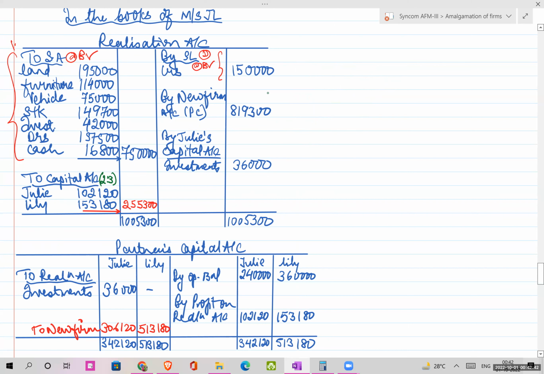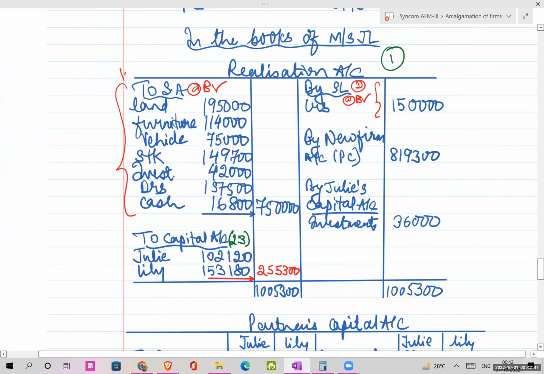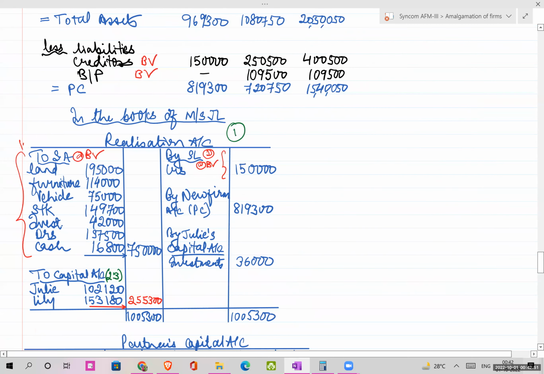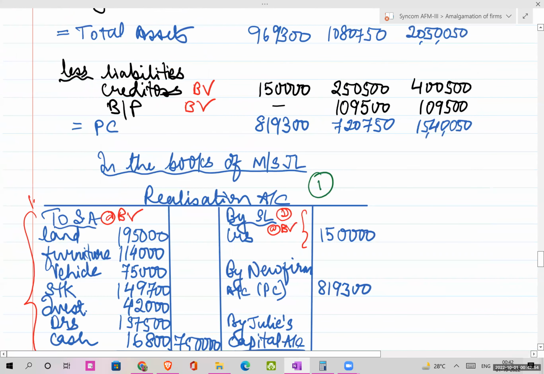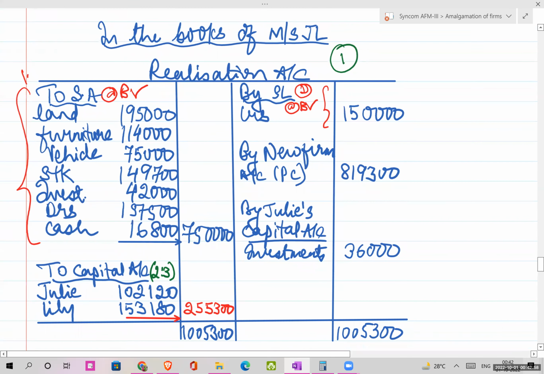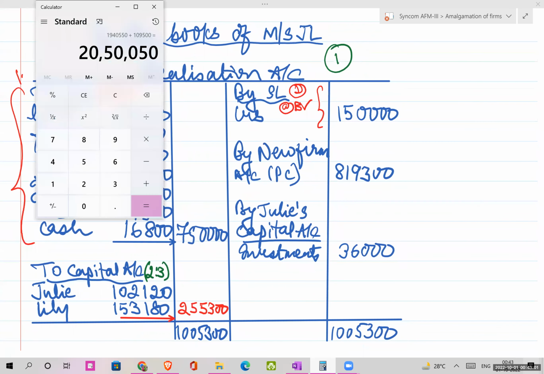Then we will close the realization account. So let's understand that. We have to close the realization account. So realization account: 1,50,000 plus 8,19,300 plus 36,000, so 10,05,300, minus the debit side 7,50,000.